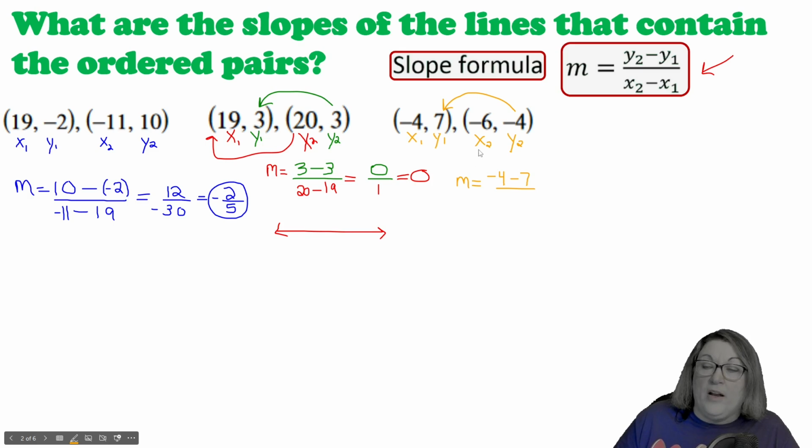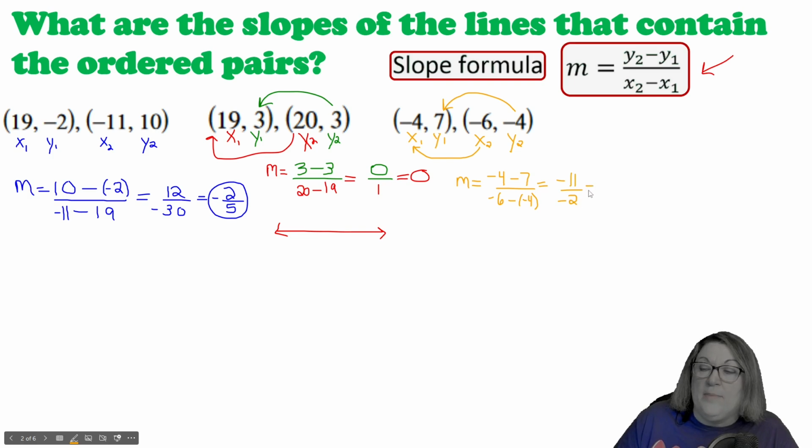And then on the bottom here, I'm going to subtract the second X minus the first X. So that would be -6 minus a -4. And if you plug these in your calculator, -4 minus 7 is -11. And then -6 minus -4 is -2.